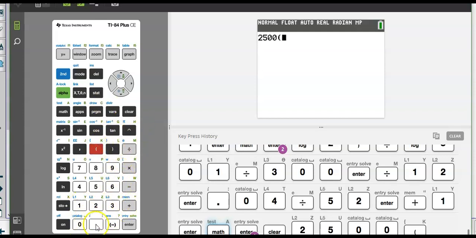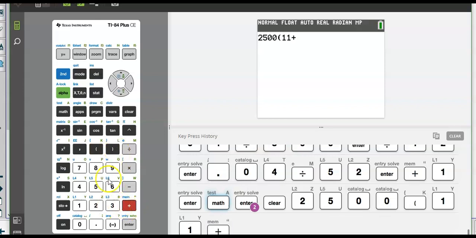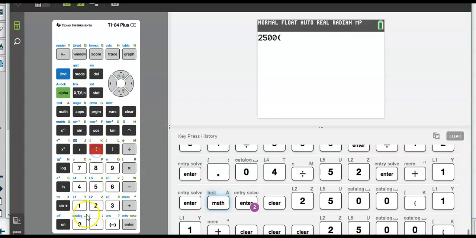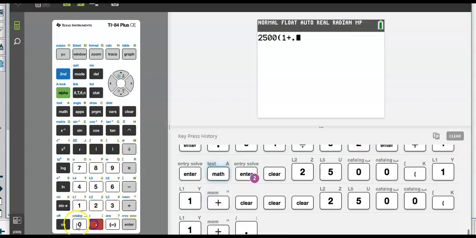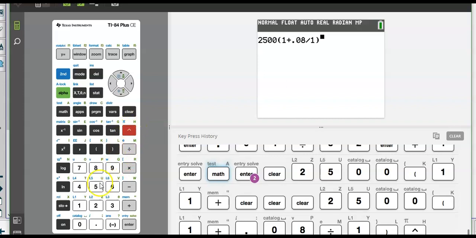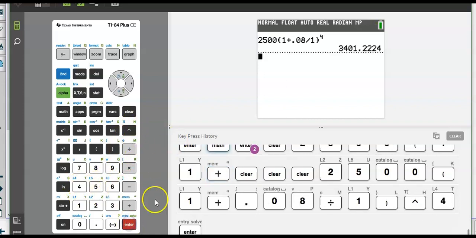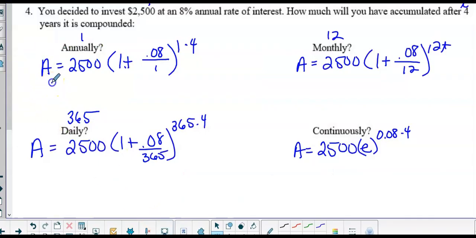You can even put 1 plus. 2,500 parentheses 1 plus 0.08 divided by 1. And then to the 4th power. 3,401.22. Okay. So that's what you get when you put that in your calculator.